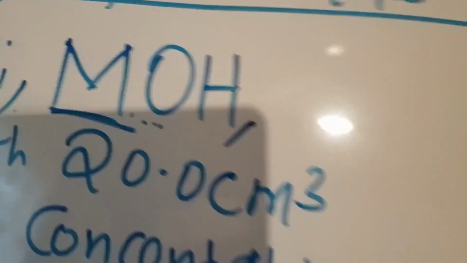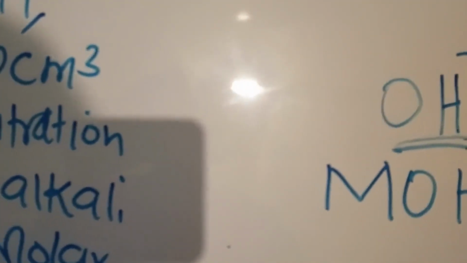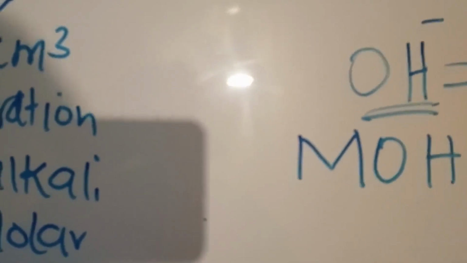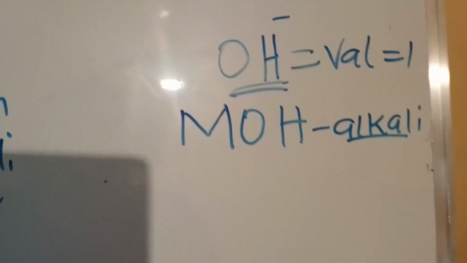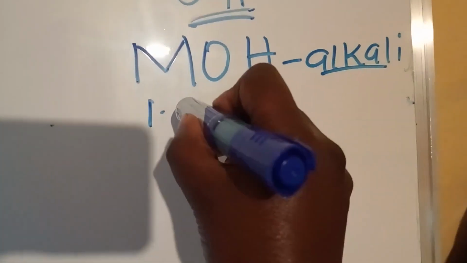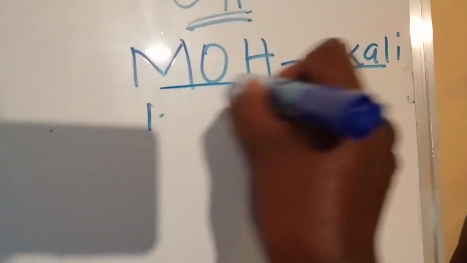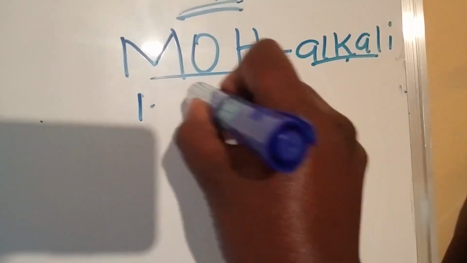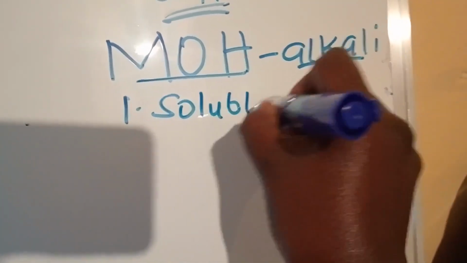and that is to mean that MOH, this one, which has been said to be an alkali, with this name alkali, we are able to know two things. One, MOH is an alkali, meaning it is a soluble base.